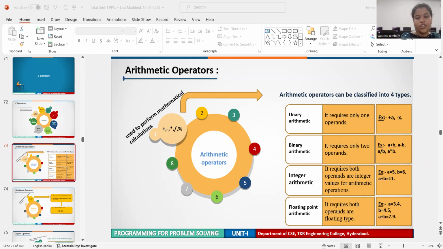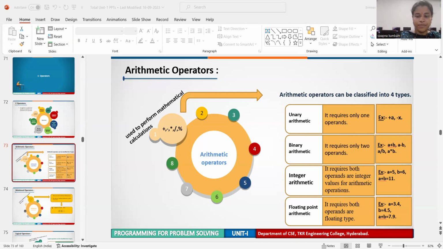What is the indication of a unary operator? If the operand is only one, then we can say it is a unary arithmetic operator.